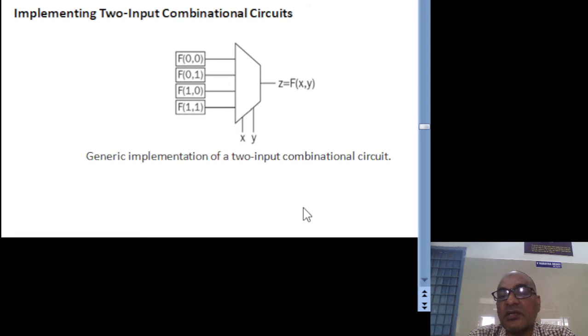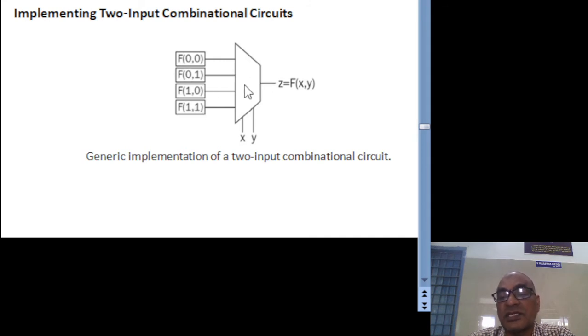When there are 4 inputs to a multiplexer, 2 select lines are necessary. So this is the generic implementation of a 2 input combinational circuit. As per the truth table, we need a 4 bit RAM, and those 4 locations act as the 4 inputs for the multiplexer.